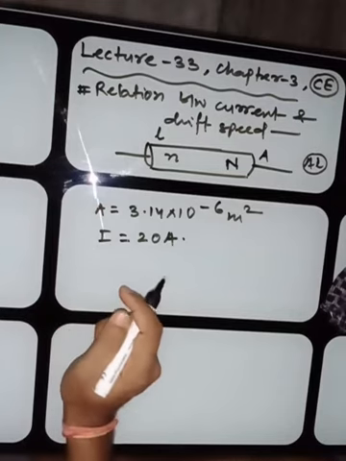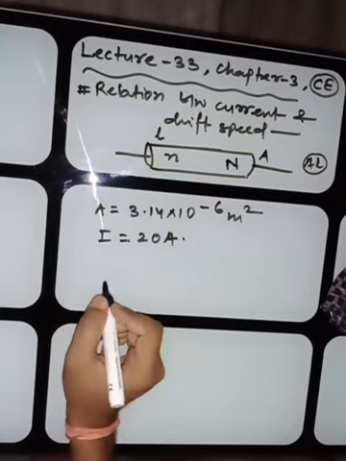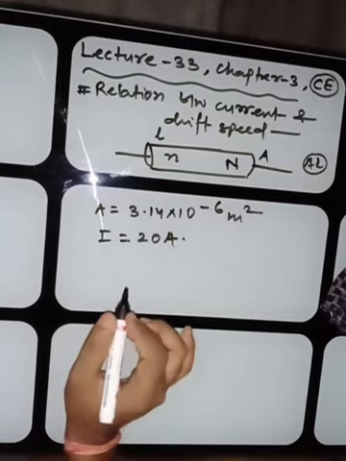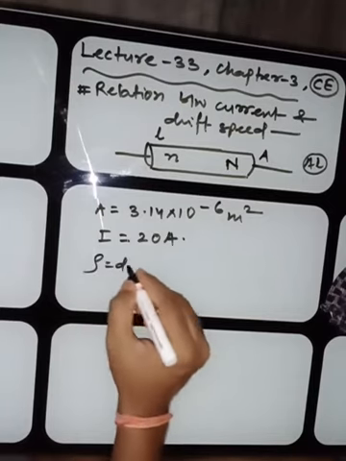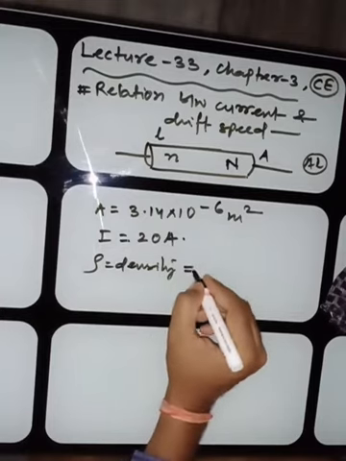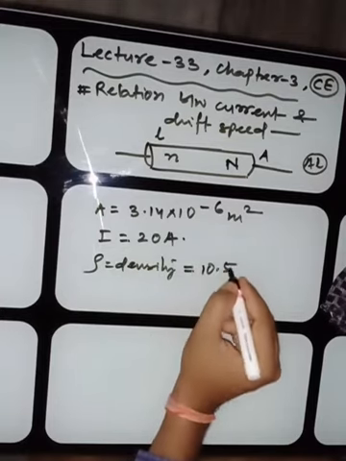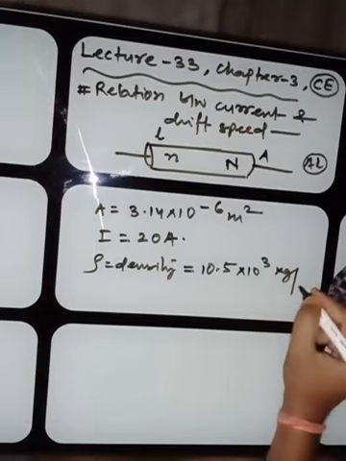I am giving you certain values. The atomic weight of silver, you know, is 108. The density of silver is 10.5 into 10 to the power 3 kg per meter cube.